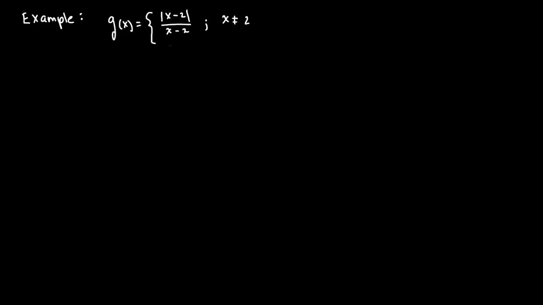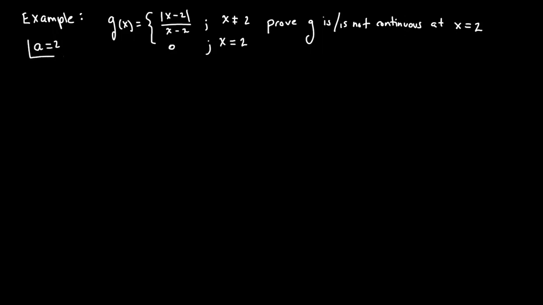At the bottom of this piece, I'm going to say that the function equals 0, and that's provided that x is equal to 2. And we're going to prove whether or not g is or is not continuous at x equals 2. So our a value, our point in question, is 2. And we're going to do the proof.